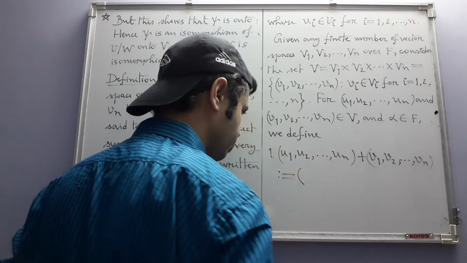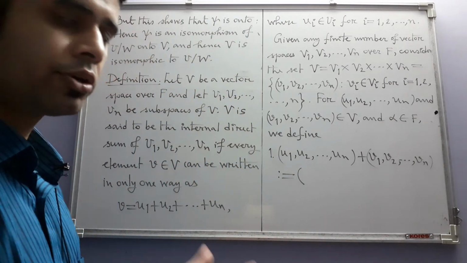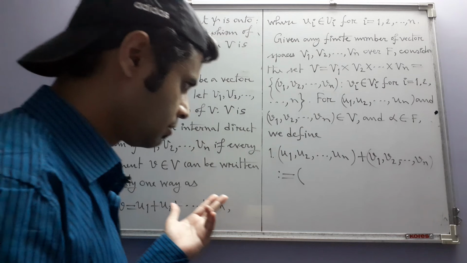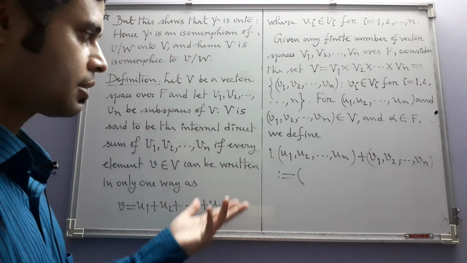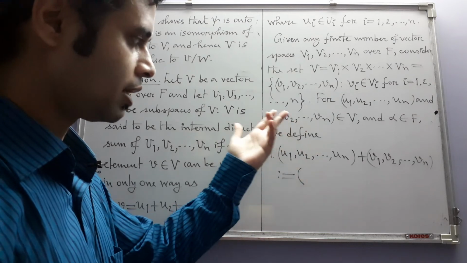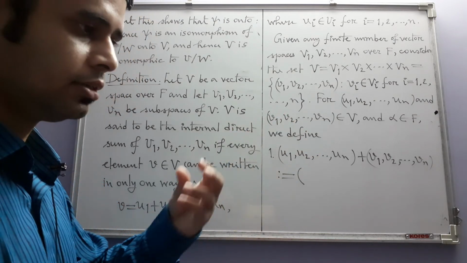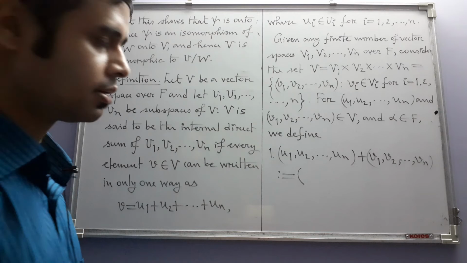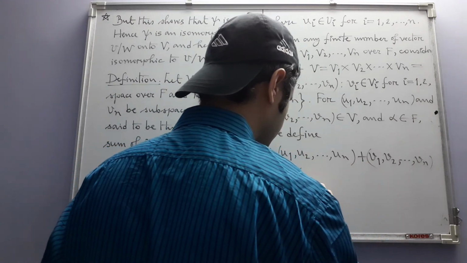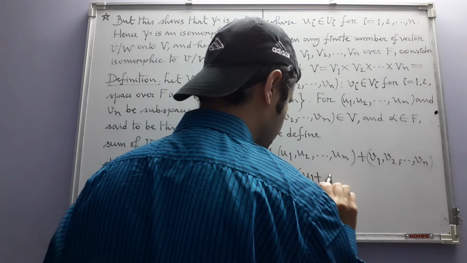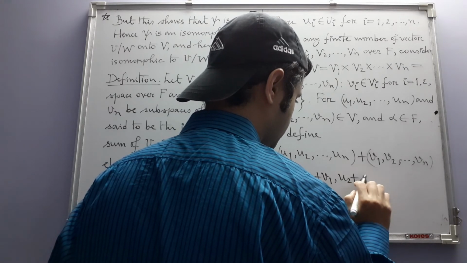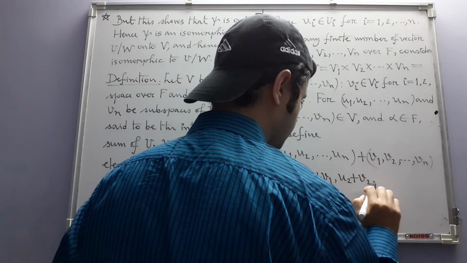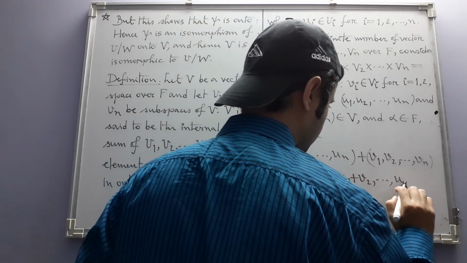When you hear something like this, component wise, and tuples are involved, ordered sets, you have to just understand that whatever we are going to do, we are going to do it to the components separately. So here the definition is u1 plus v1, u2 plus v2, and so on.